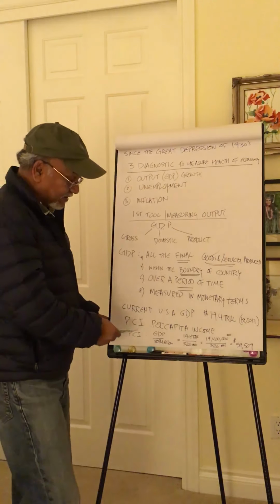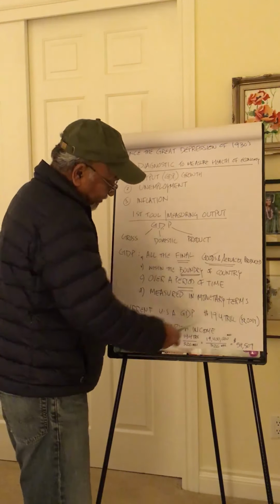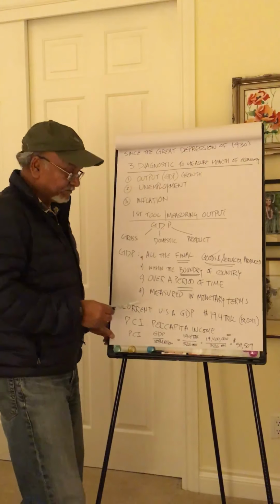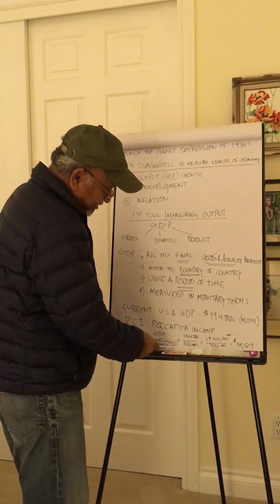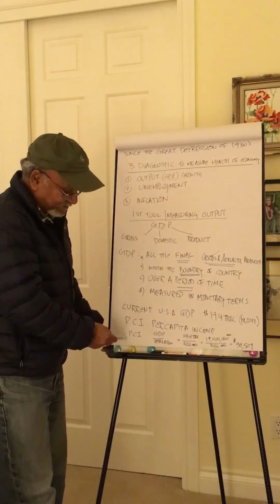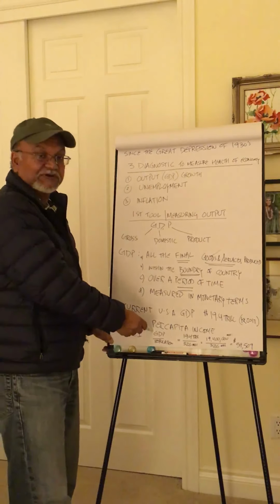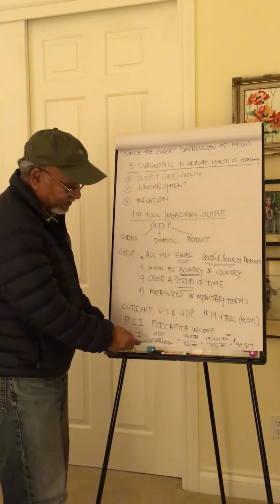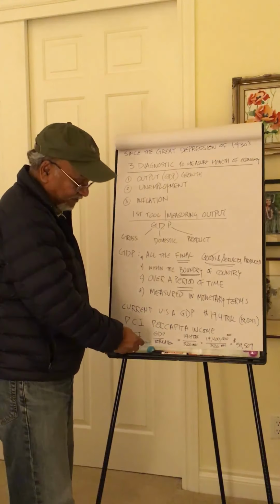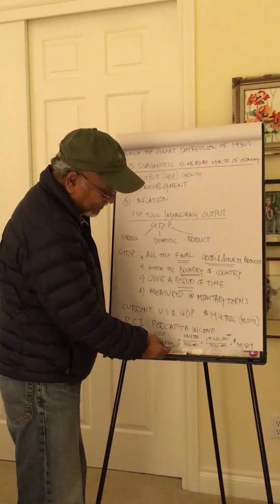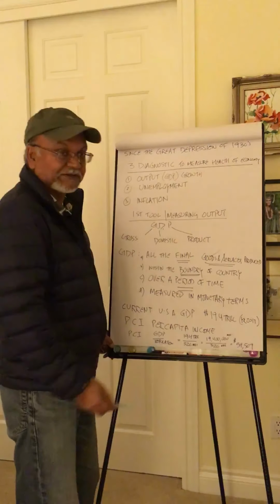So let's say, as I told you, in 2017 our GDP was $19.4 trillion and our population was 326 million. So to get per capita income, what do you do? You take the GDP of the country like USA, which is 19.4 trillion, and you divide by the total population of that country, which in 2017 was roughly 326 million.